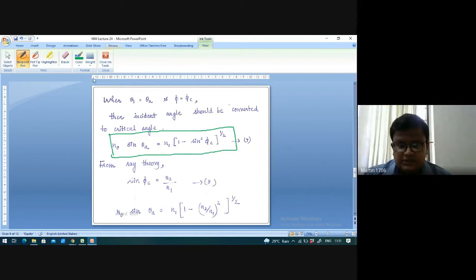So this is the condition: when theta 1 equals theta a, this is your critical angle condition, this is your incident angle condition. When you apply it in the Snell's law equation, you will get this condition. The incident angle should be converted into the critical angle from the ray theory.